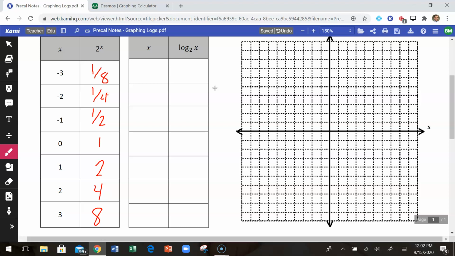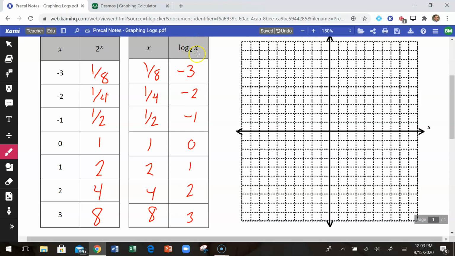So what we end up with is these x's and y's simply switch location. Whatever y values we got for 2 to the x, those are now our x values for log base 2 of x, which make sense to plug in to give us good answers like -3, -2, -1, 0, 1, 2, and 3.